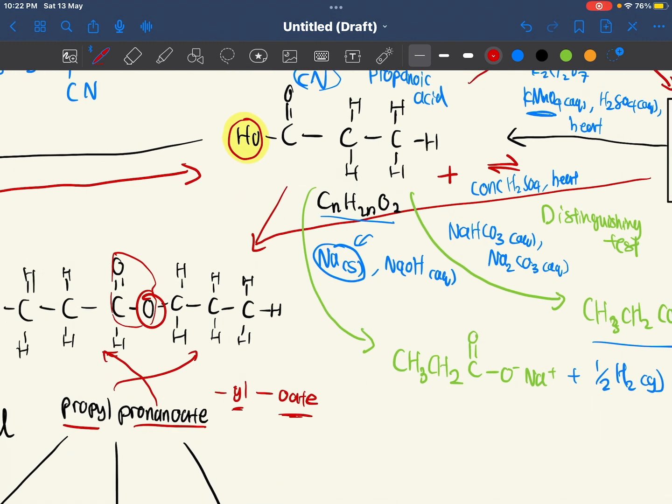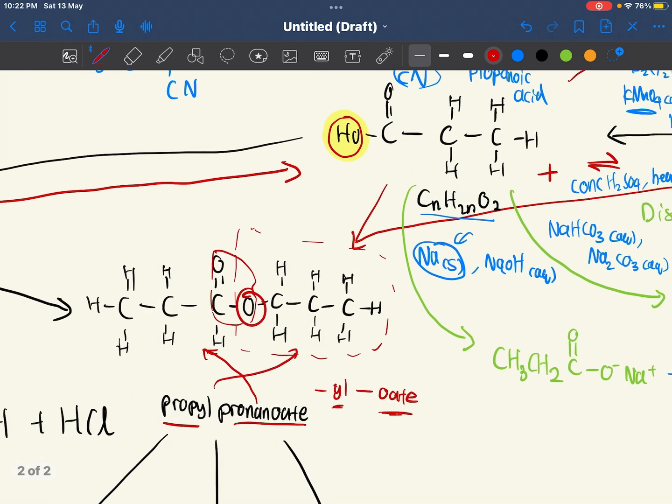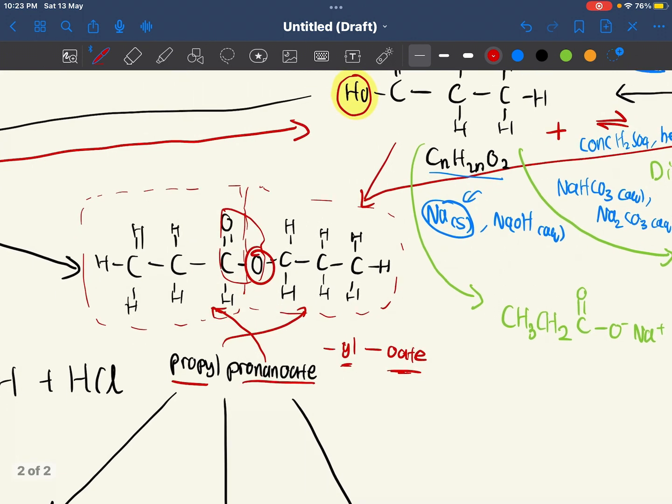So this segment represents the alcohol, and this segment represents the carboxylic acid. That's how it works. So we name it propanoate: the alcohol -yl, and -oate.